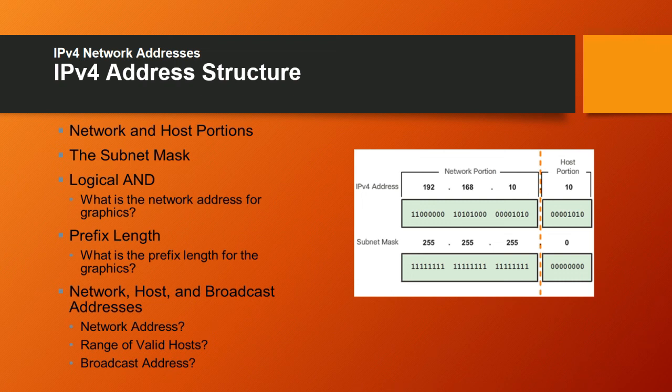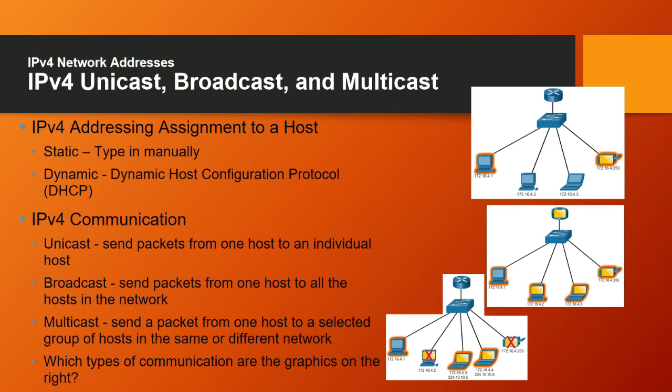Let's go on to IPv4 unicast, broadcast, and multicast. Here, we have IPv4 addressing assignment to a host. We have static, typed in manually, and Dynamic Host Configuration Protocol, if you are familiar with that.